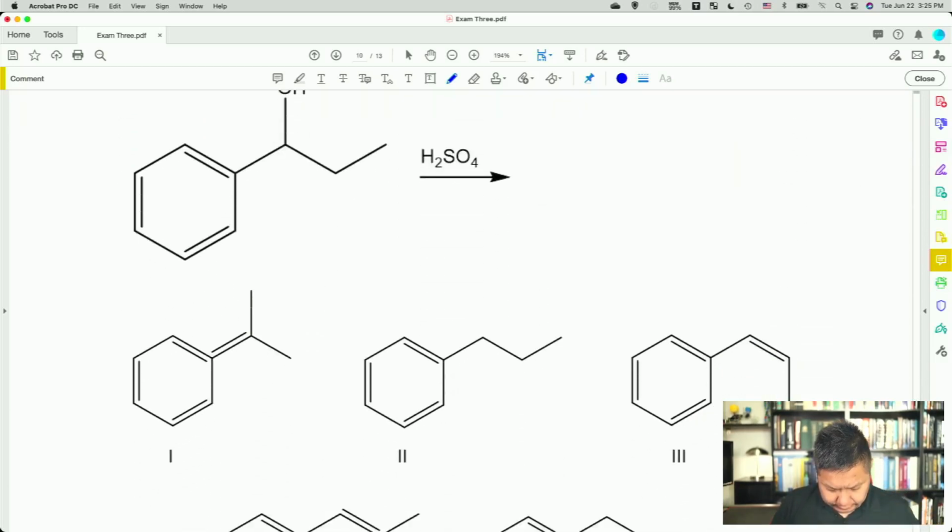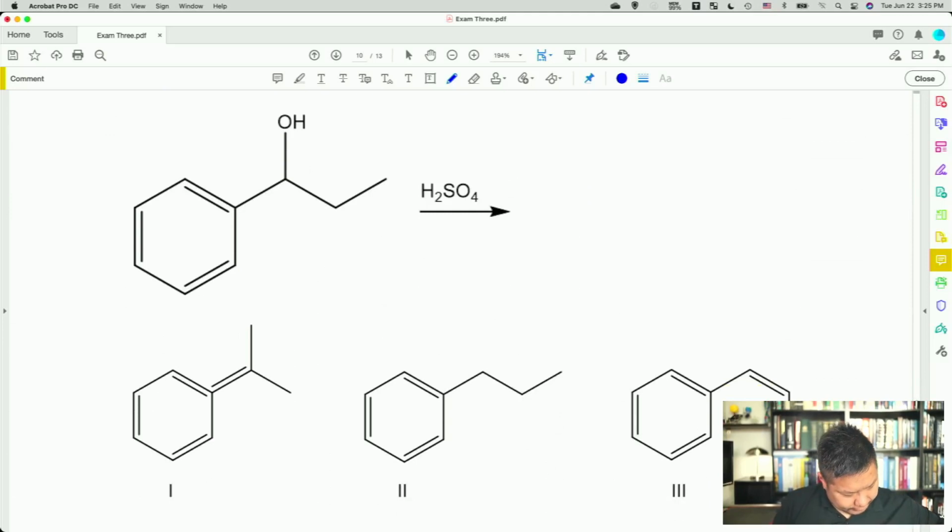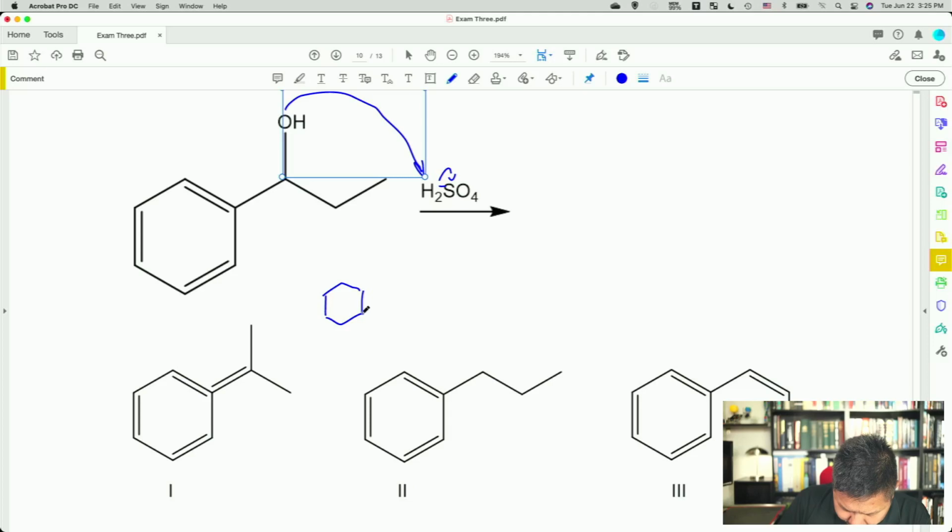Next question, we have another dehydration reaction here. And so, because we lost the OH. So, let's see here. Quite literally what can happen here is you can deprotonate, just like in the last reaction. Deprotonate just like you did in the last reaction. So that gives you, I'll draw it small down here.